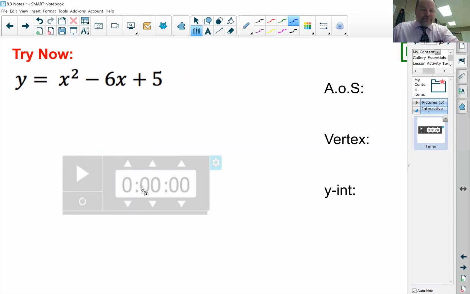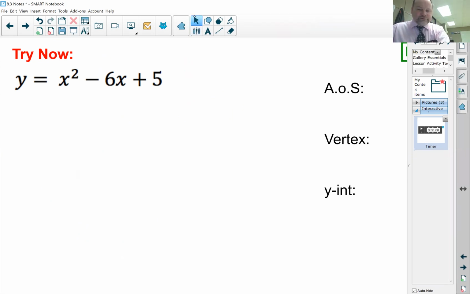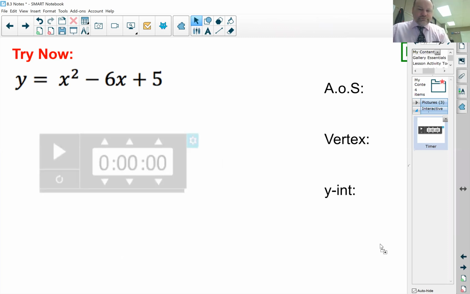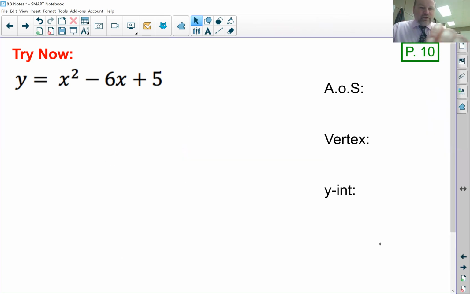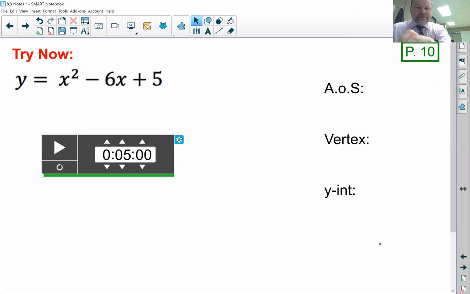Find the axis of symmetry, find the vertex, and find the y-intercept. If you have questions, feel free to put them in the chat, and I will answer them as I get them.